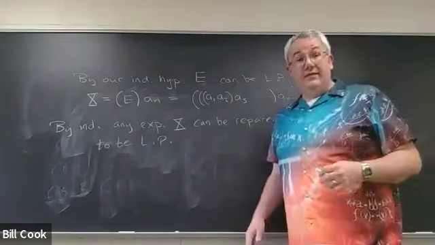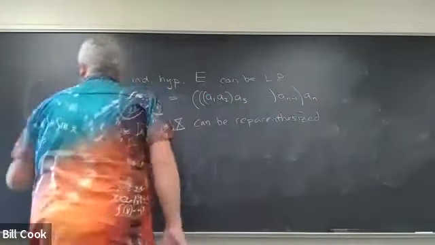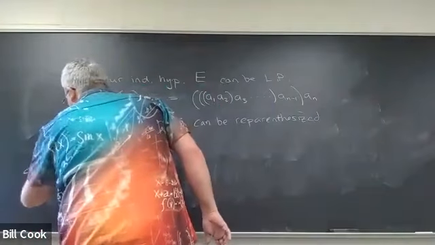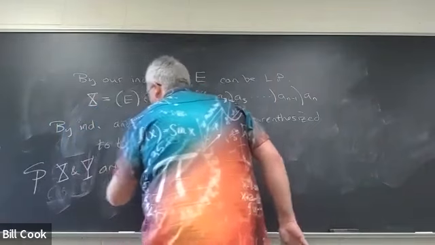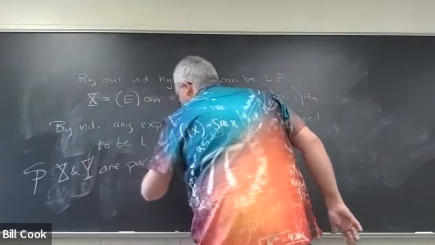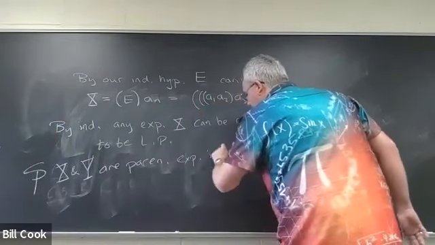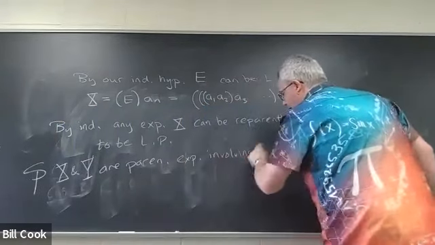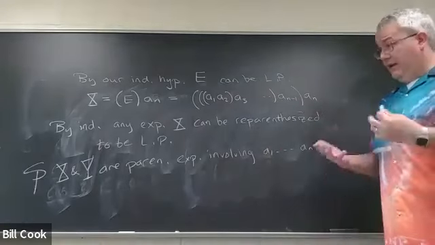Now, we can finish up our proof by saying, suppose that X and Y are parenthesized expressions involving a_1 through a_n.